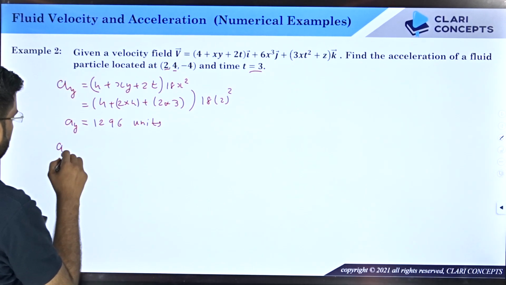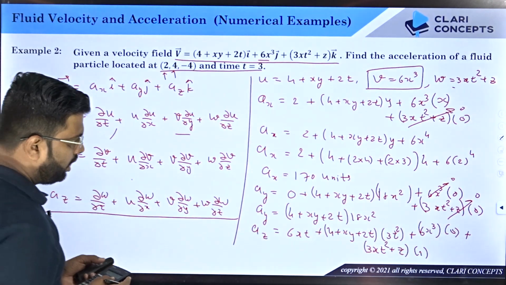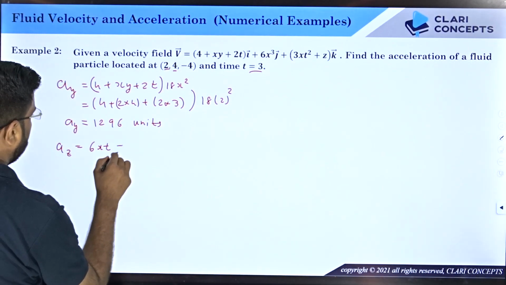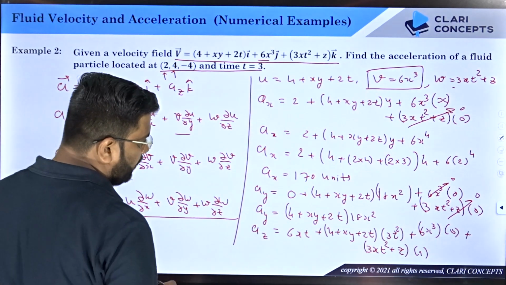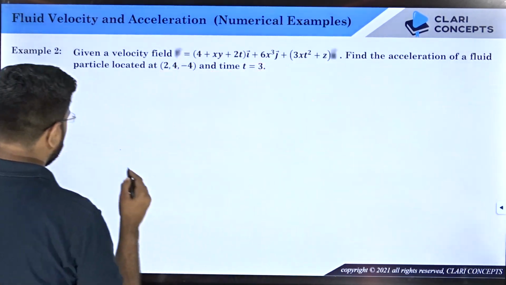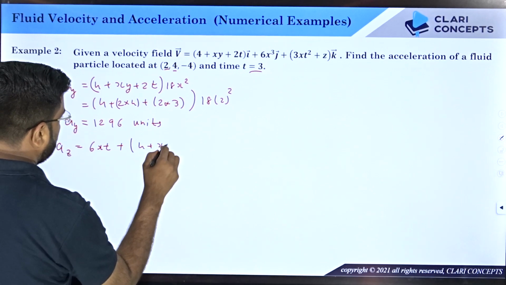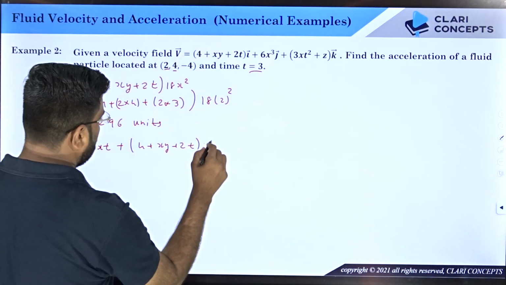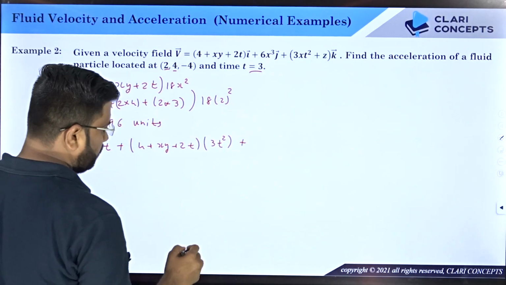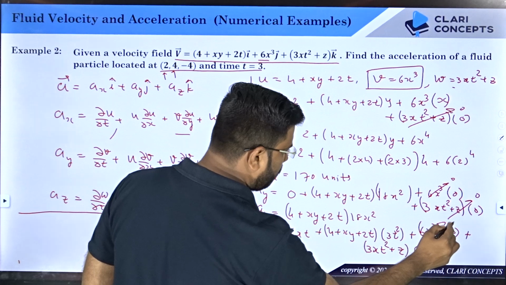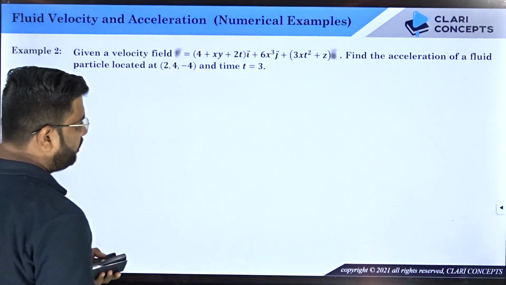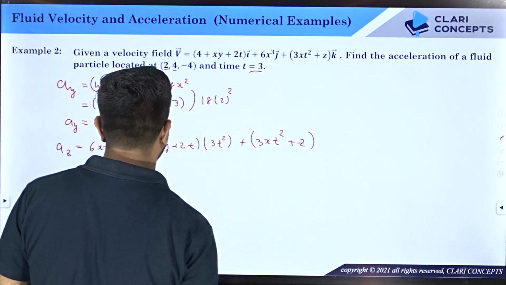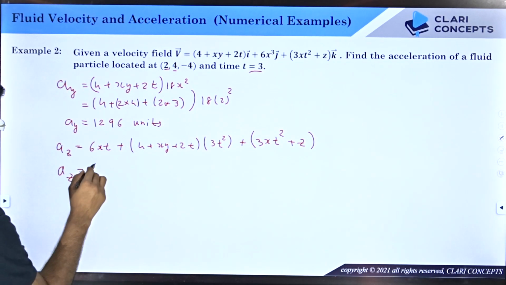Now what is az? Let me check back the equation. Az is 6xt plus 4 plus xy plus 2t into 3t square, plus this is directly 0, plus 3xt square plus z. Okay. Now put the values over here again in this equation. You will get 6. What is x?